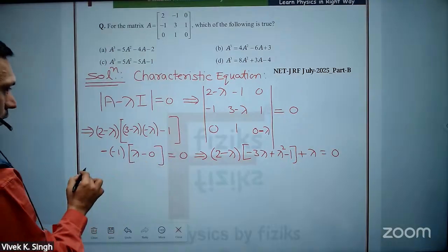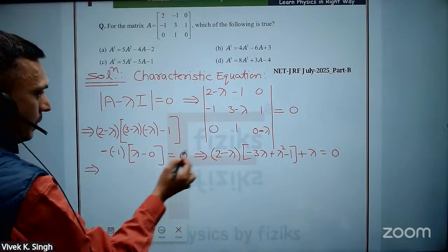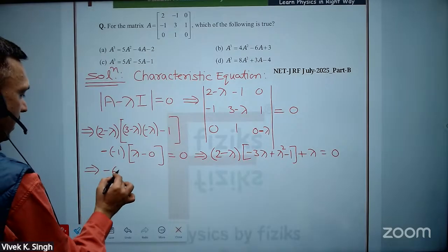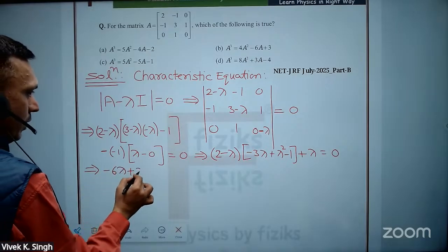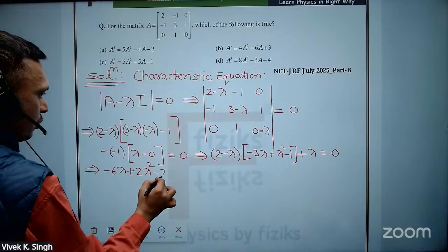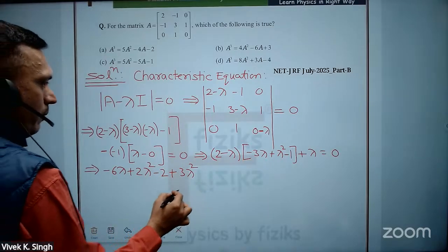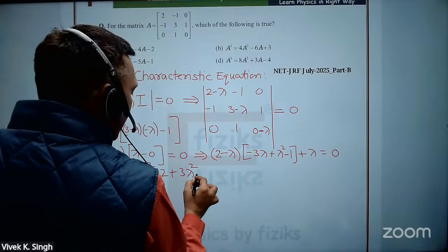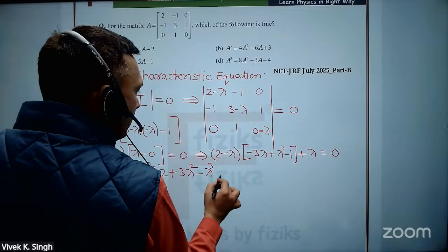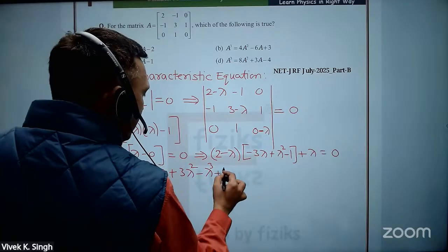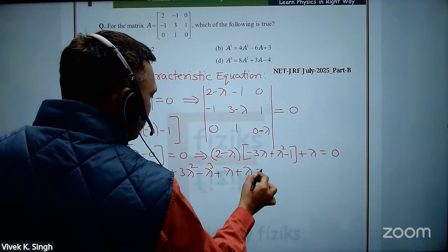Now let's see what you will get. Minus 6 lambda plus 2 lambda square minus 2, and then you have plus 3 lambda square, then minus lambda cube, and then plus lambda is equal to 0.